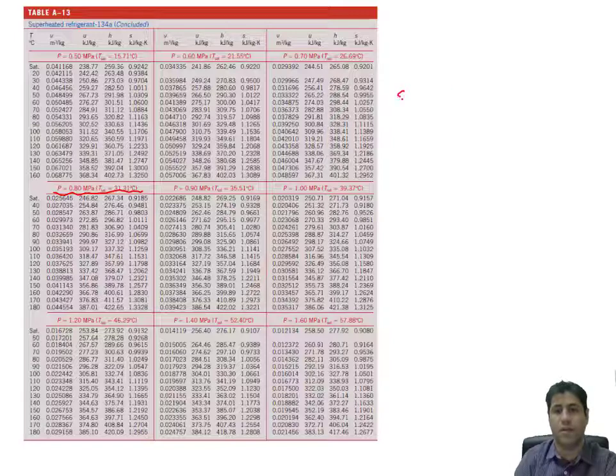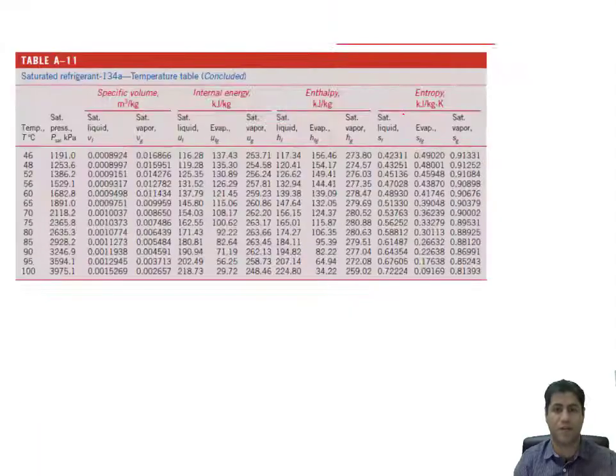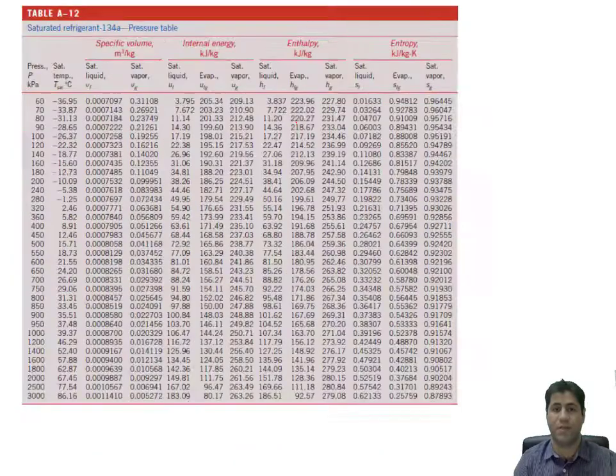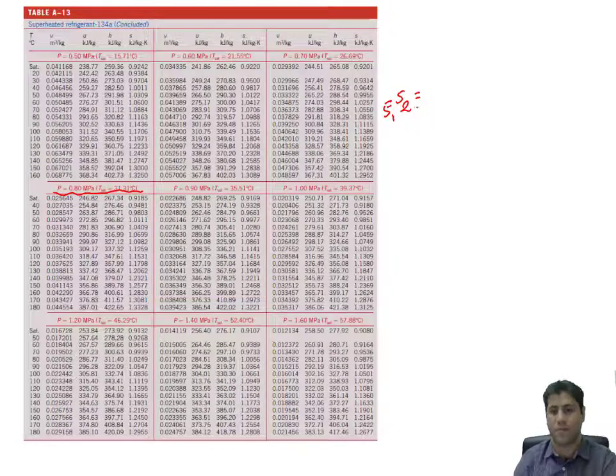The entropy for this state is equal to the entropy for state 1. If you remember, for state 1 the entropy was equal to 0.94467 kilojoule per kilogram Kelvin. So S2 here is 0.94.